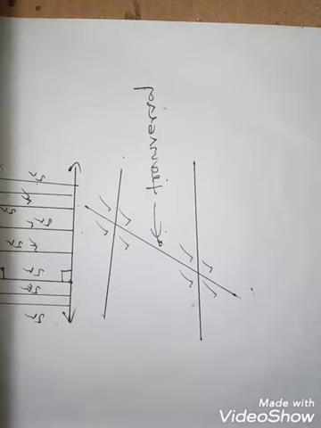We won't discuss all of them since you have learned all of them in your class 7. We are going to discuss only mutual alternate angles, and also that for parallel lines.